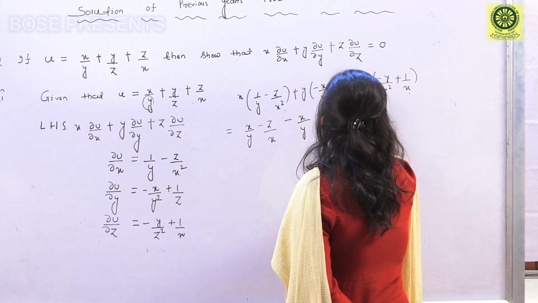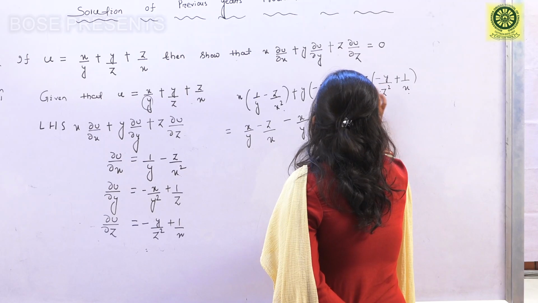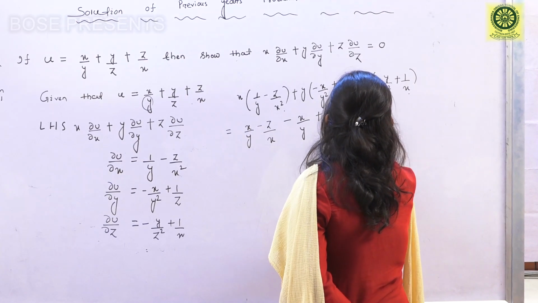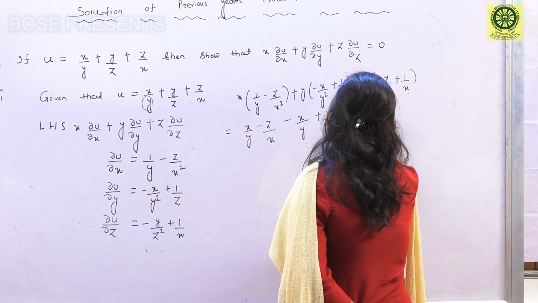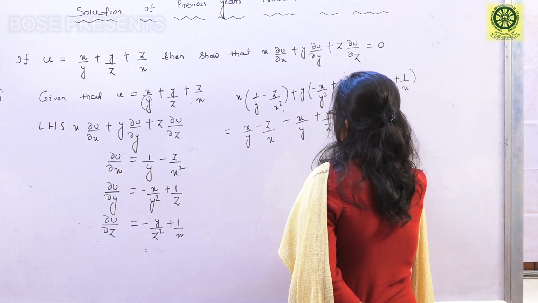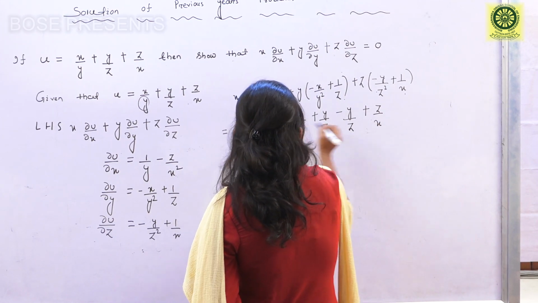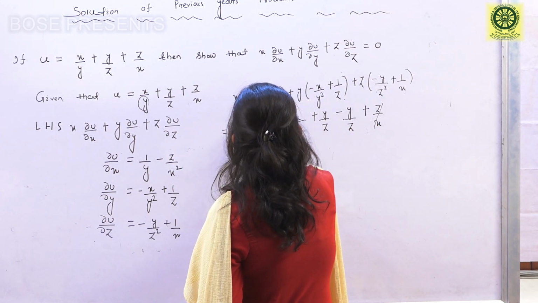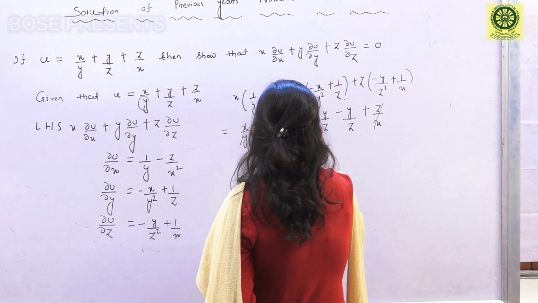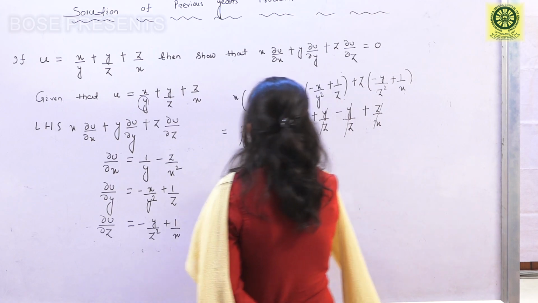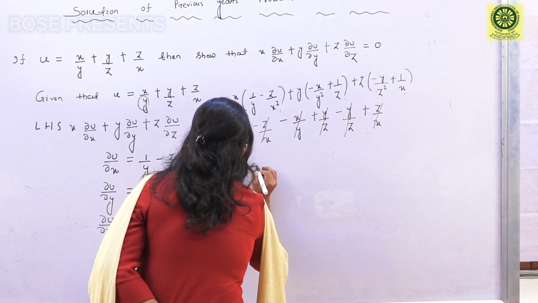Here also plus into minus equals minus, z cancels, so y by z, and here plus z by x. You see, plus z by x and here minus z by x cancel, and here plus x by y and minus x by y cancel, and plus y by z minus y by z cancel, which equals 0.